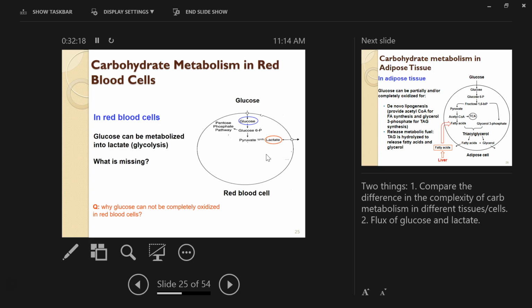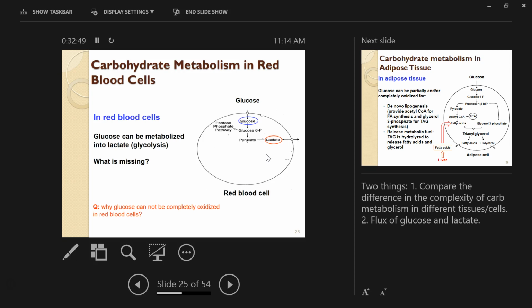Red blood cells are also kind of unique cells, and red blood cells are also only able to utilize glucose as an energy source. The reason you probably already noticed, right? Something is missing in the red blood cells. What's missing? Mitochondria, right? So red blood cells do not have mitochondria.